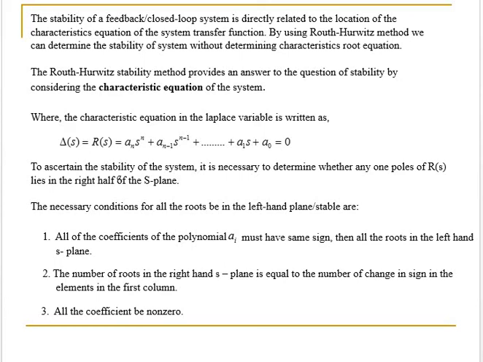The Routh-Hurwitz stability method provides an answer to the question of stability by considering the characteristic equation of the system, where the characteristic equation in the Laplace variable is written as follows: Delta(s) = a_n s^n + a_(n-1) s^(n-1) + ... + a_0 = 0.